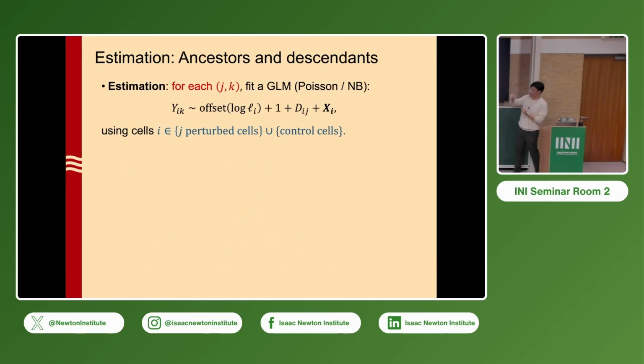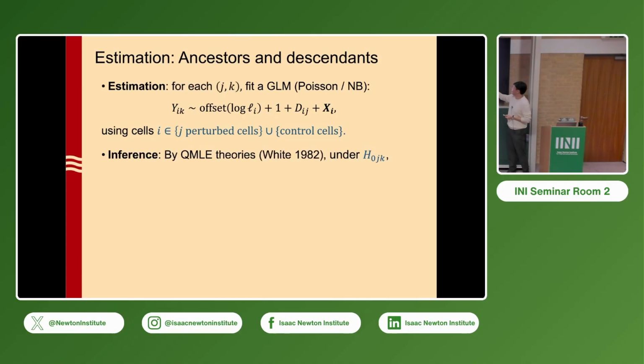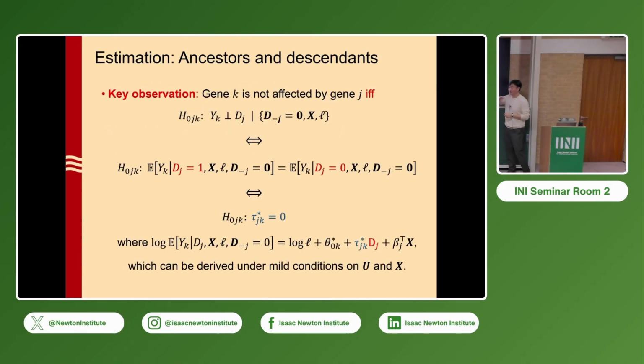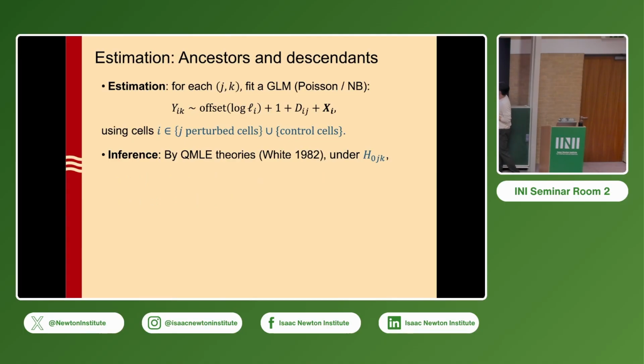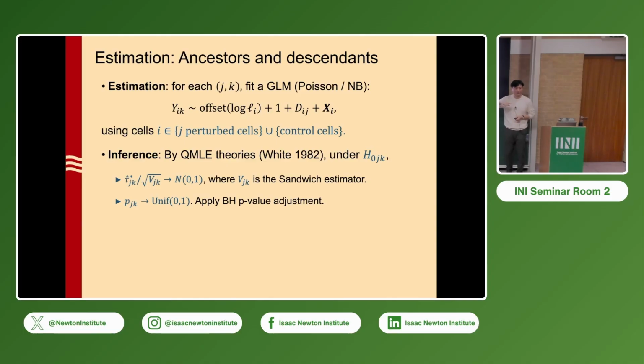Essentially, for each j and k, we fit the GLM using the cells where gene j is intervened on or controlled, then get the tau_jk. Since this mean function is already characterized here, under the null hypothesis that tau_jk is equal to 0, we can have a sandwich estimator for the variance, and then this goes to a normal distribution under the null.